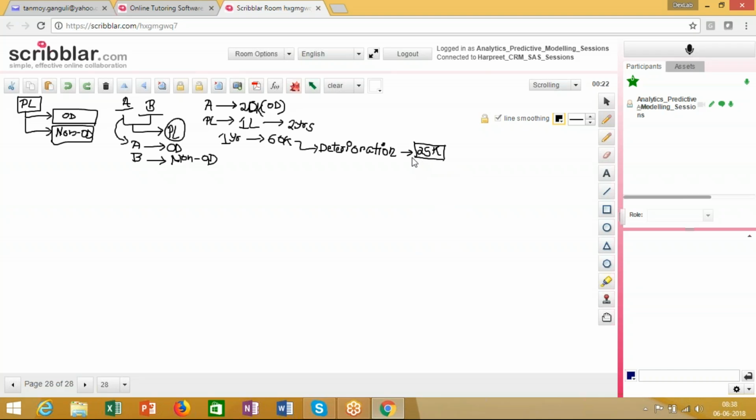So even after going into deterioration, he tried curing back, and he paid back a total sum of 85,000, including interest.